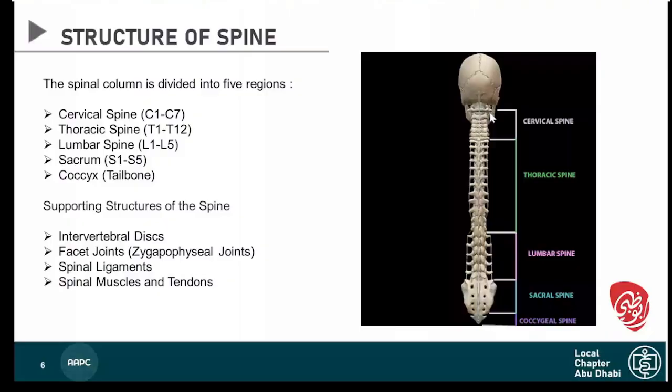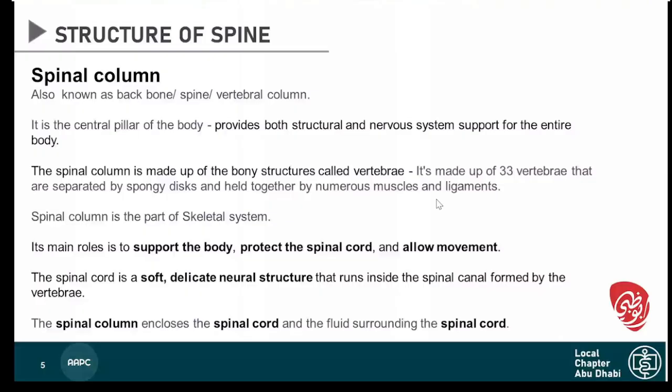As I already told, it is made up of 33 small irregular bones called vertebrae. Since they are made up of vertebrae, they are also known as the vertebral column or spine. Okay, this is about the spinal column.